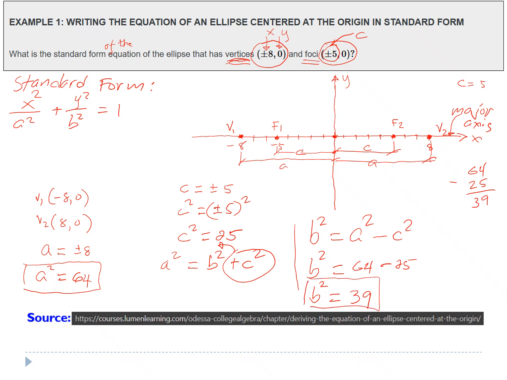Okay, so what we need to do, we just substitute these values in our standard form. So we have x squared over our a squared, which is 64, plus y squared over 39 equal to 1. So this is now the answer.